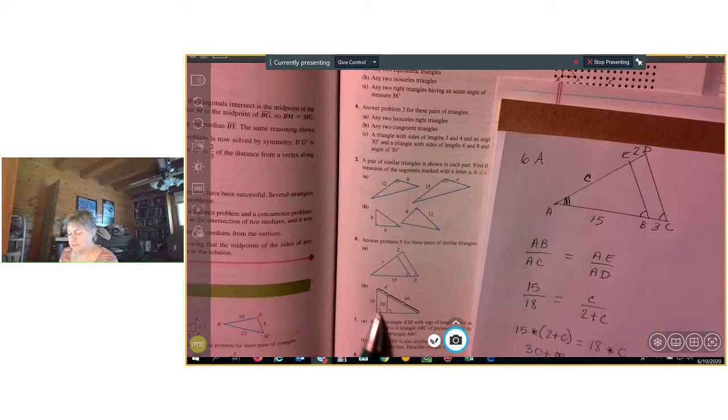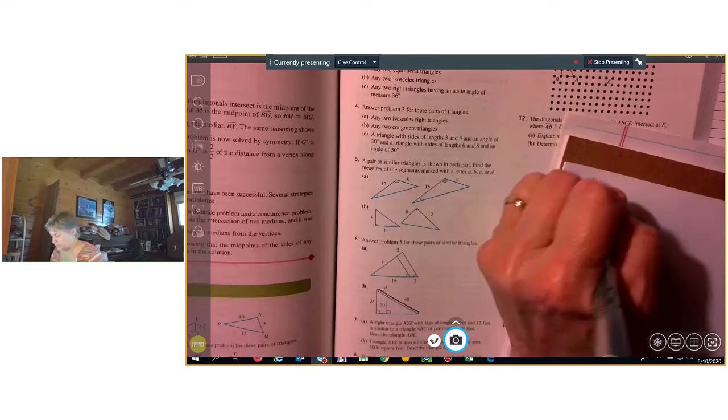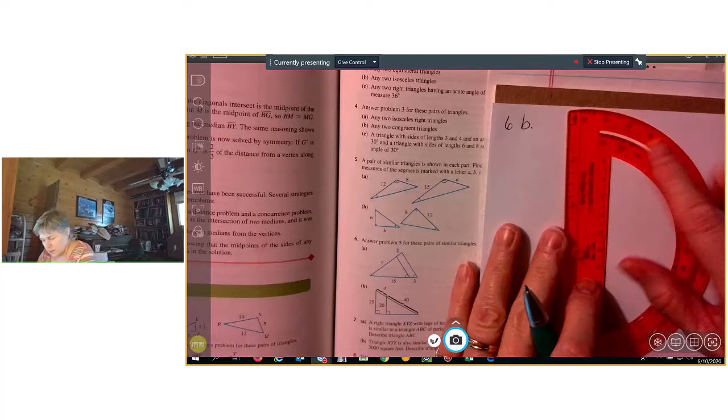So let's look at this one now, and see what we can get with this. Since you had an up close look, I'm just going to rewrite it for me. 6B. And we have a right angle.